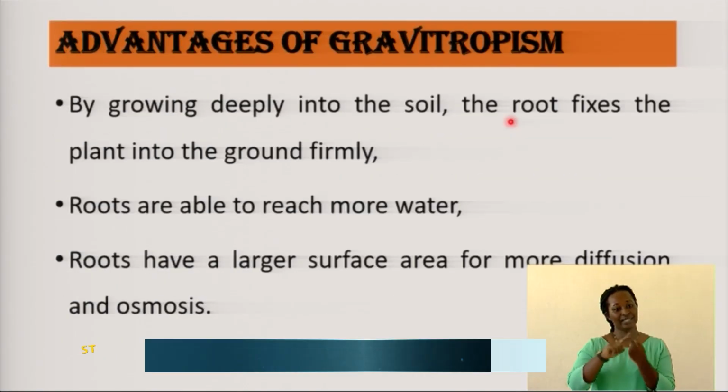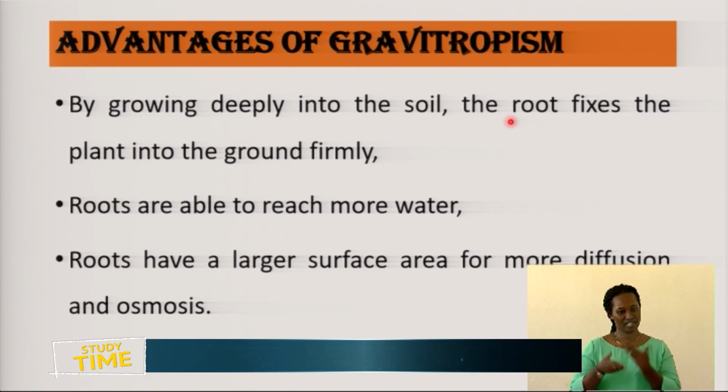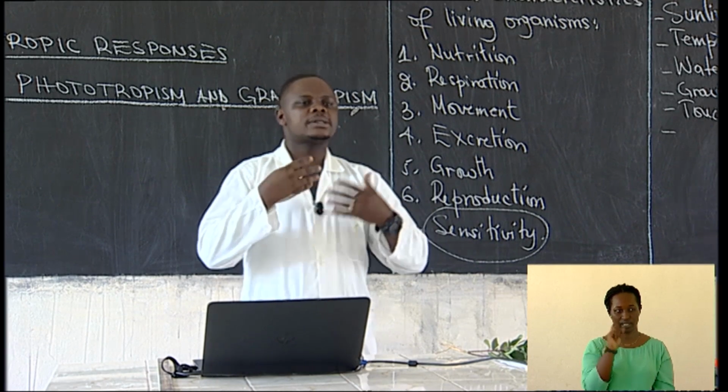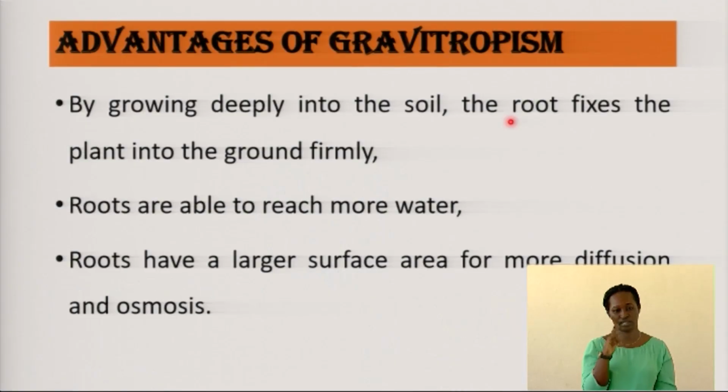Dear students, let us make a quick review of what we have discussed today. We have talked about tropism, which is the plant's growth towards the stimulus. We have seen that we have different stimuli, like sunlight, water, temperature, touch, and so on.